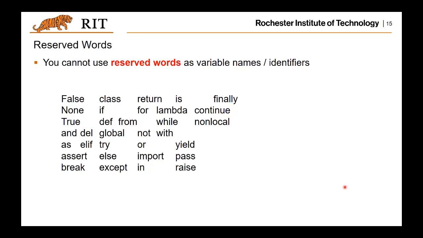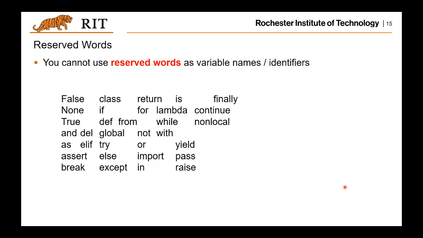And usually when you type them in the Jupyter notebook, if you do not know whether it's a reserved word or not, these IDEs will give you a different color to tell you, okay, I'm typing a reserved word and it cannot be used as a variable name.